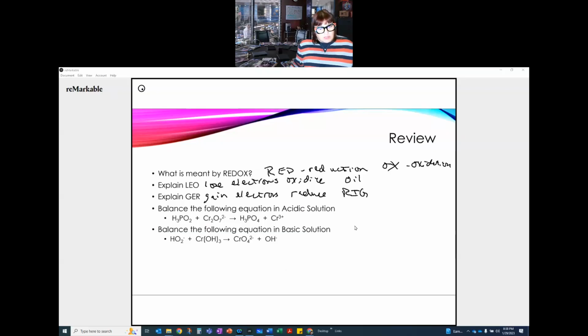Balance the following equation in acidic solution. Okay, so acidic solution.